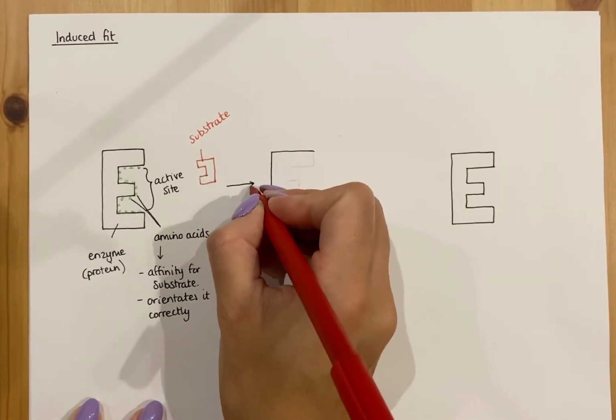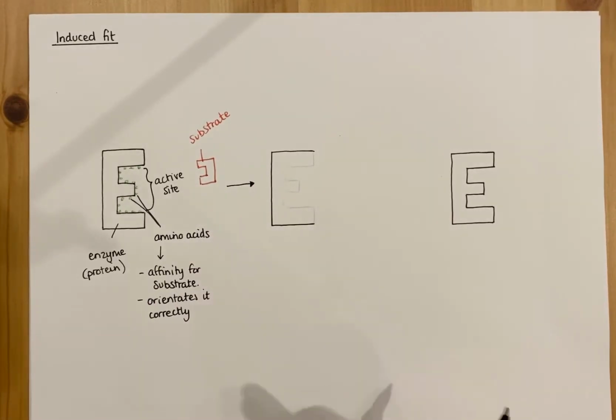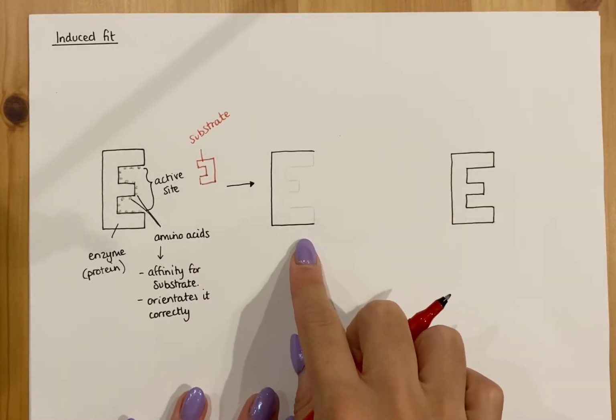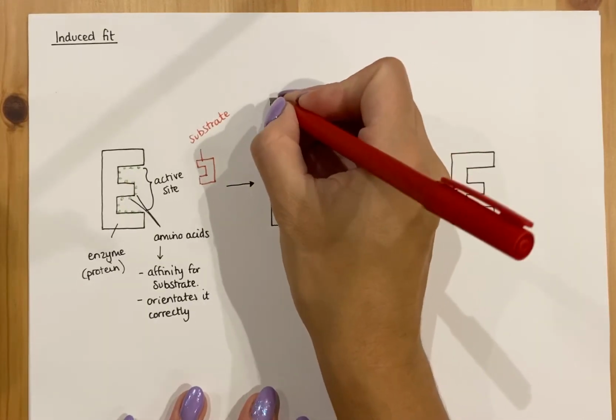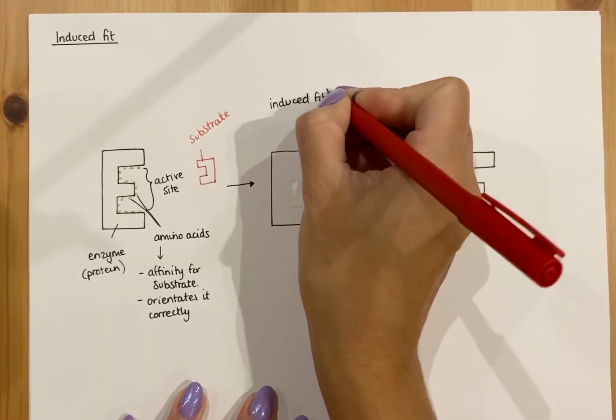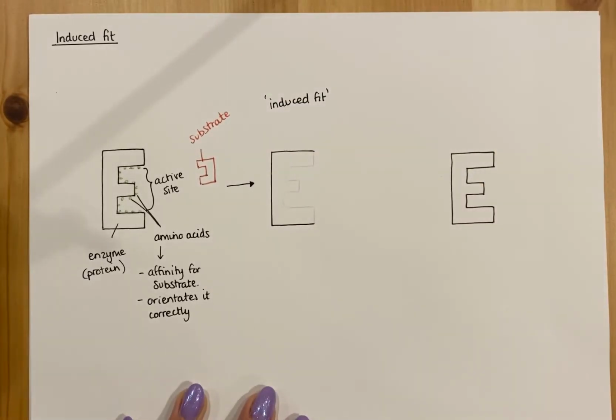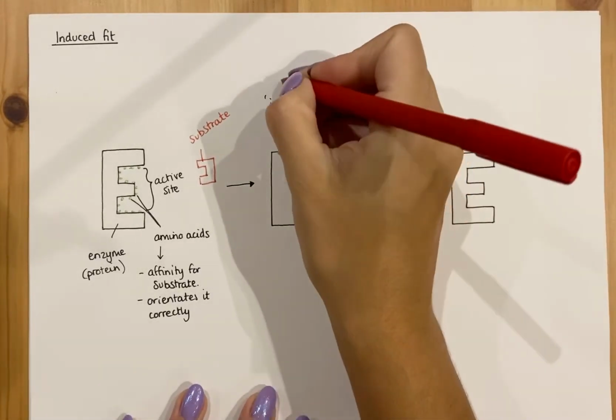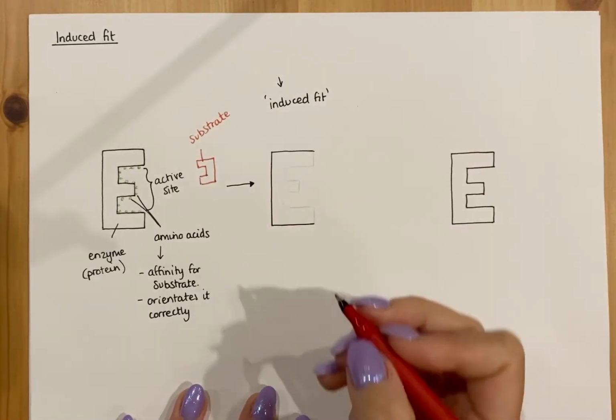So the next diagram I have is a very quick outline of that enzyme. And this is where we have the induced fit occurring. Now the induced fit is when an enzyme and the active site of the enzyme changes shape.